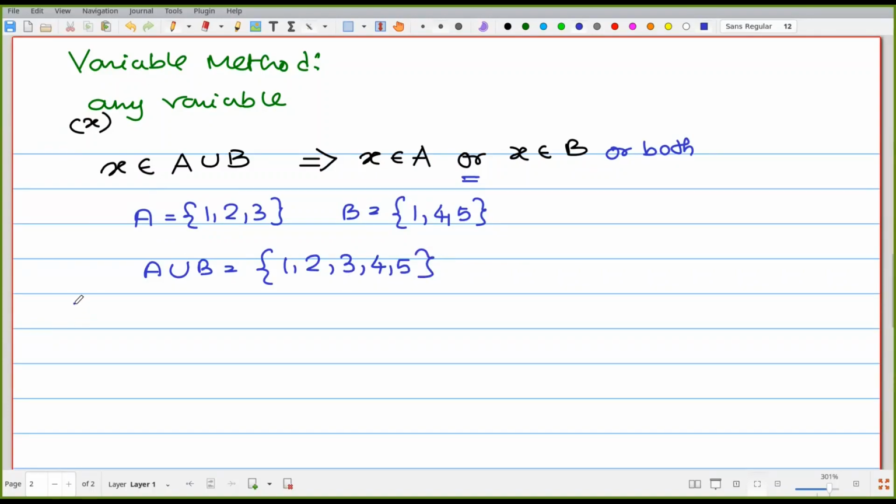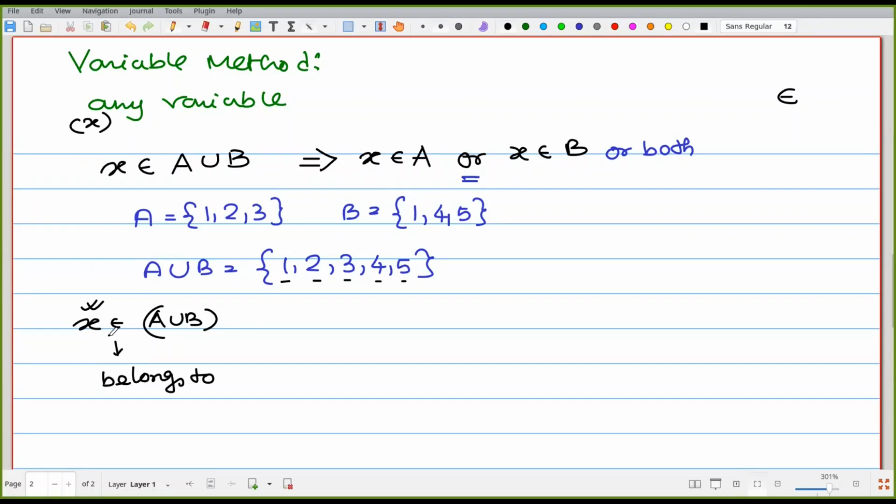Suppose I am writing x belongs to A union B. Now, what is the meaning of that? That sign is called belongs to. A union B means whatever elements are present in A union B, so those are 1, 2, 3, 4 or 5.